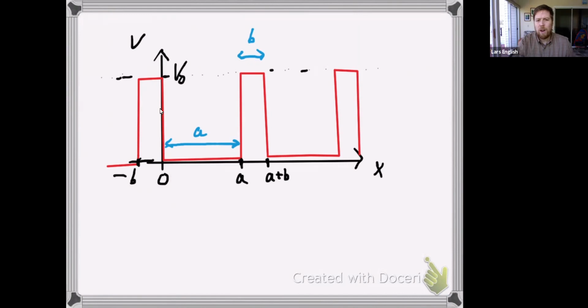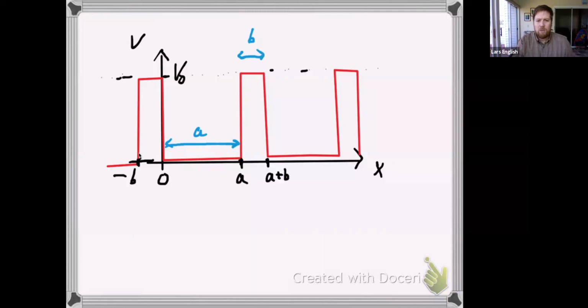And this red line here is the potential energy landscape. We're basically going from 0 to V naught, okay? And we have these little barriers here that are of size b, and then this here is a distance a, just to keep everything nice and general. Okay, so that's the setup.